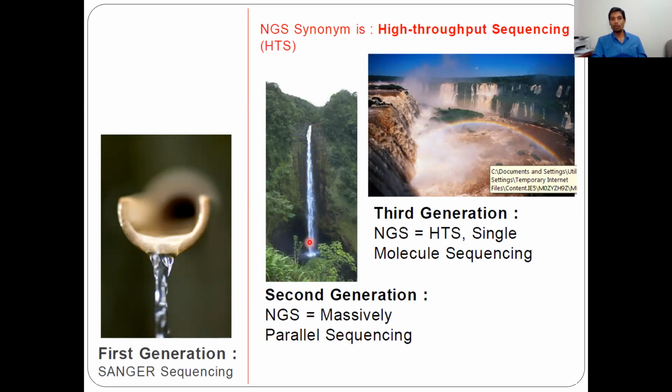A huge amount of data. We are getting gigabytes of data because of pyrosequencing and early Illumina sequencing. And now with advanced Illumina and Heliscope sequencing, the information we are getting is this much.